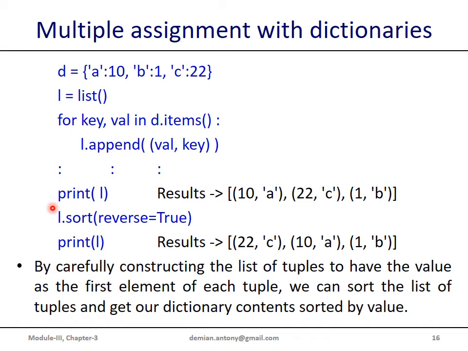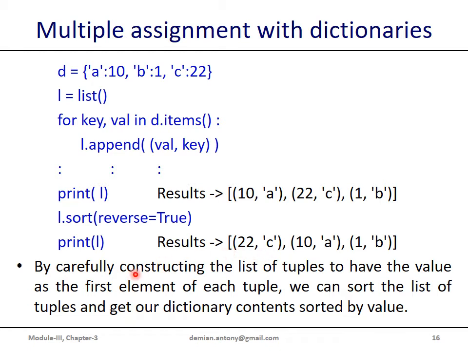If values are same, then they are sorted based on the keys. And finally, you print the result and list after sorting. We will get the result in the descending order of values. So we have a 22, 10, 1, and accordingly their key values.